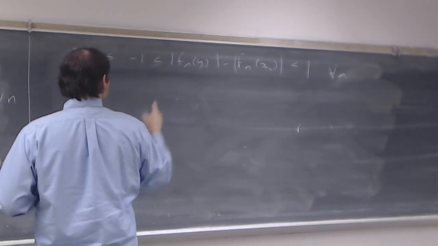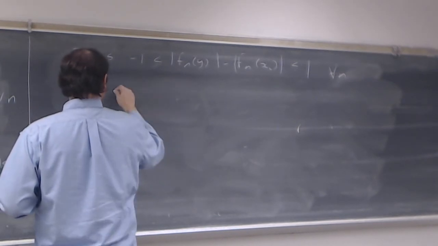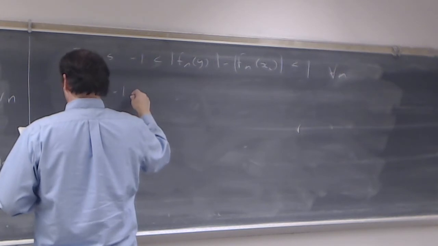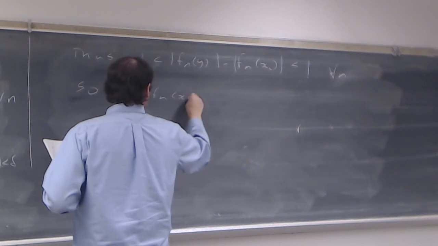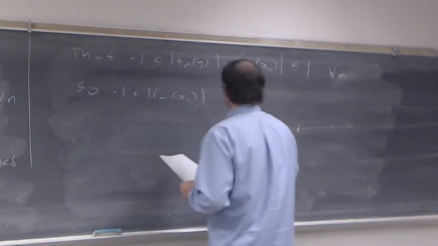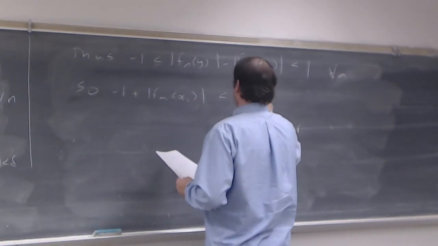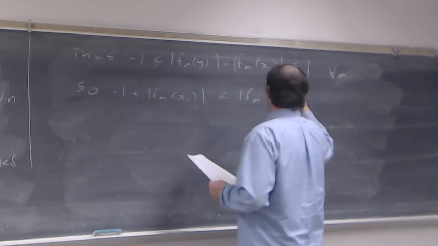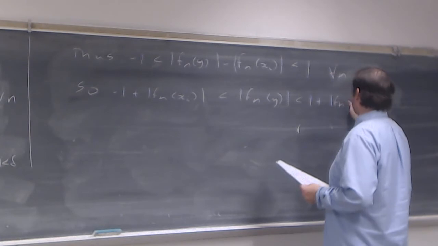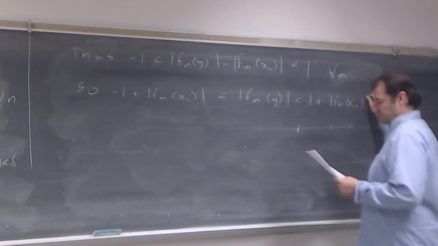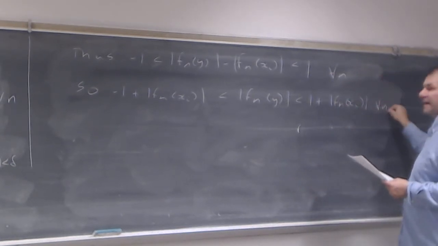So solving for f sub n of y inside absolute value, we have minus 1 plus the absolute value of f sub n of x sub i is going to be less than the absolute value of f sub n of y, which is going to be less than 1 plus the absolute value of f sub n of x sub i. Again, that's true for all n.